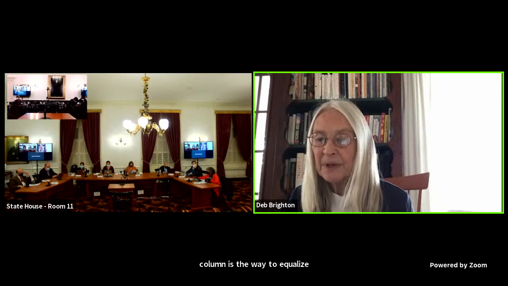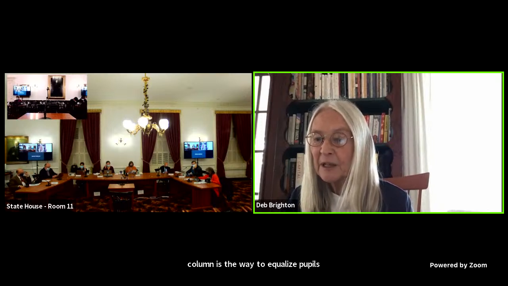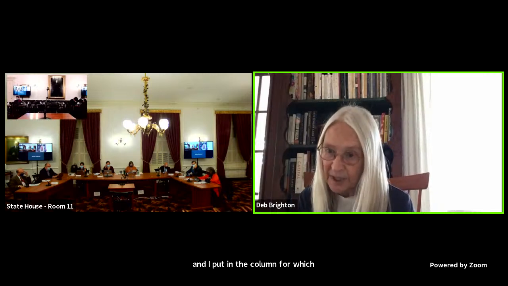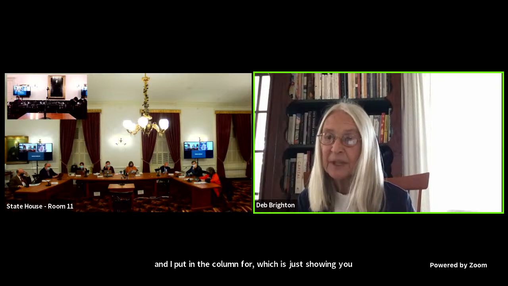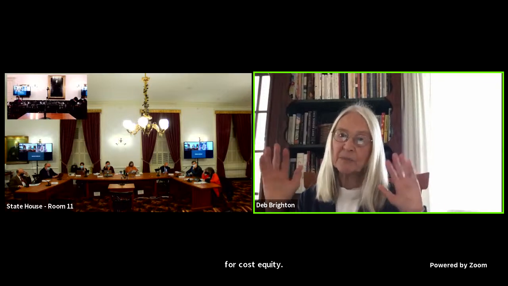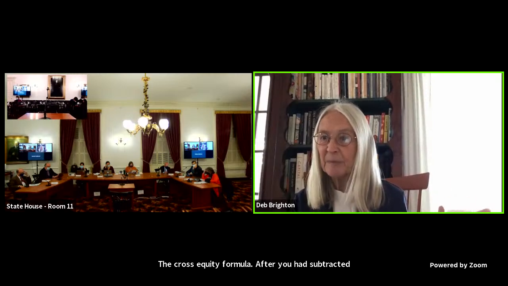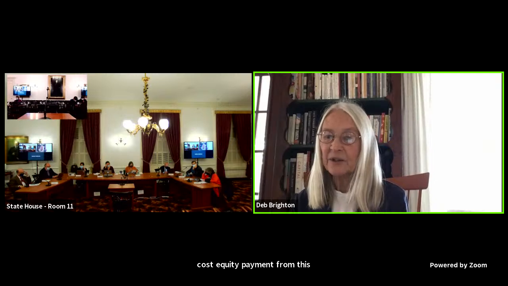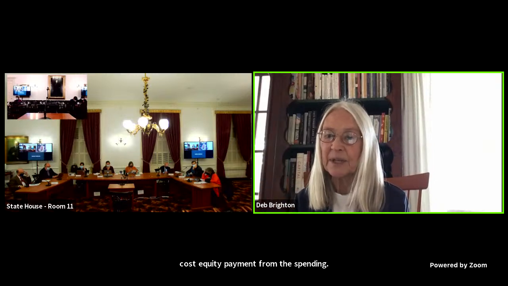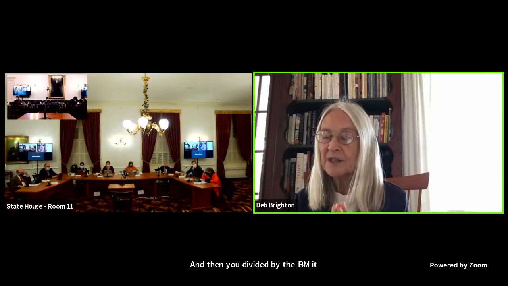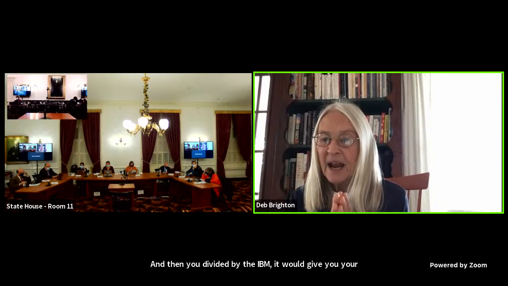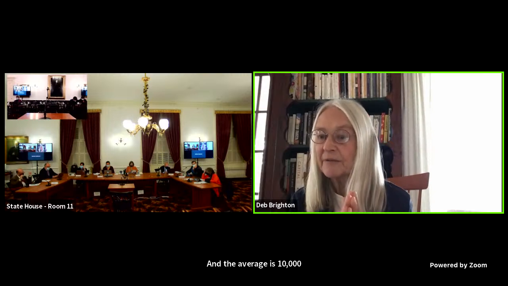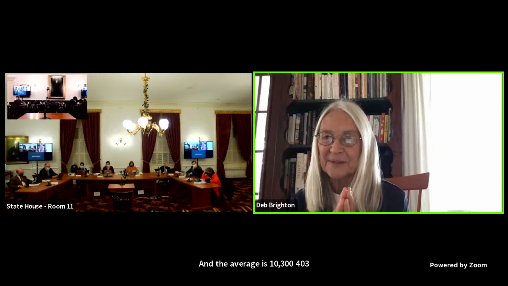And I put in column 4, which is just showing you, for cost equity, the cost equity formula: after you had subtracted the cost equity payment from the spending, and then you divided by the ADMs, it would give you your new spending per ADM. And the average is 10,436.